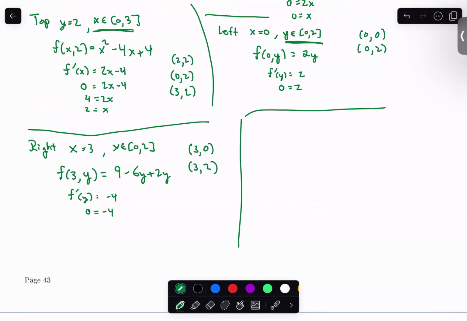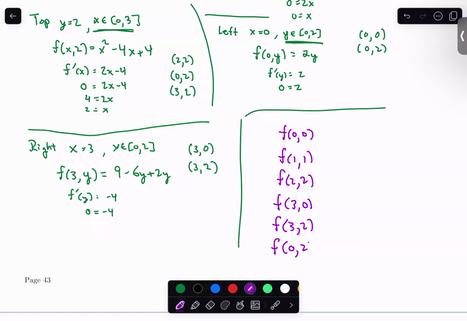All right, so the bulk of the work, checking all 4 sides, is now complete. Last up, we need to plug in all these values into the function. Smallest is going to be the min, biggest is going to be the max. So we have here (0, 0), (1, 1), (2, 2), (3, 0), (3, 2), (0, 2). 1, 2, 3, 4, 5, 6 points that I remember from my list.